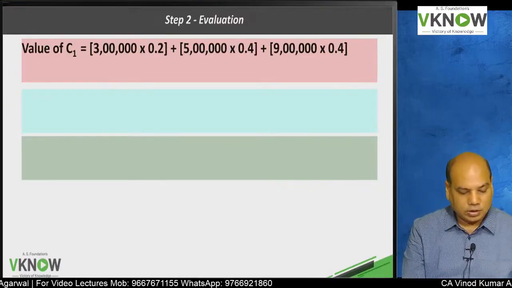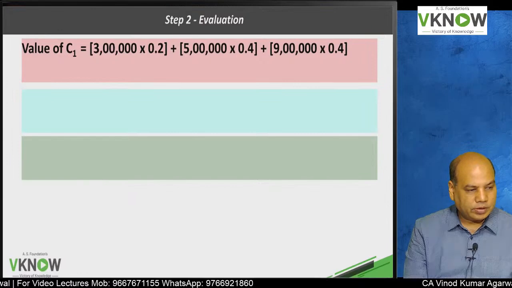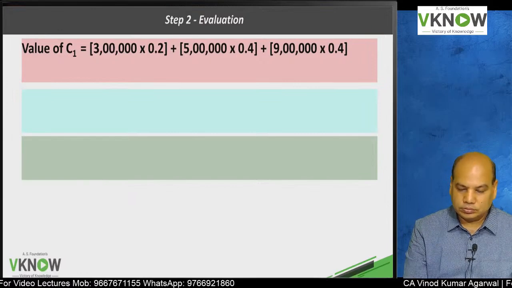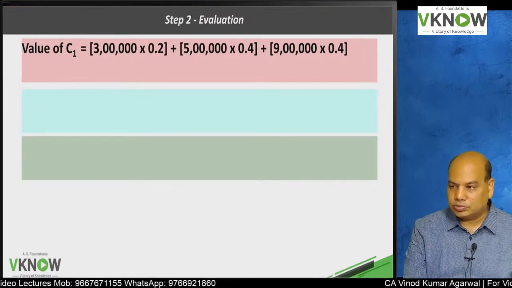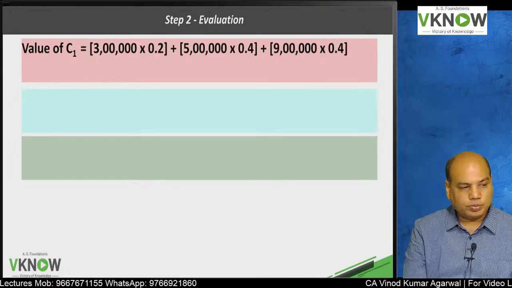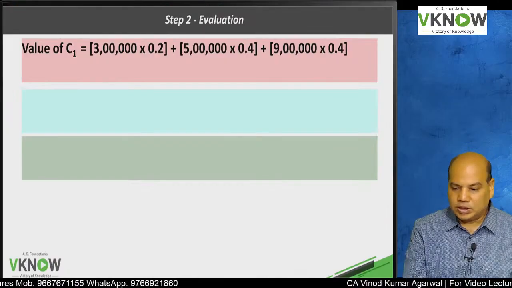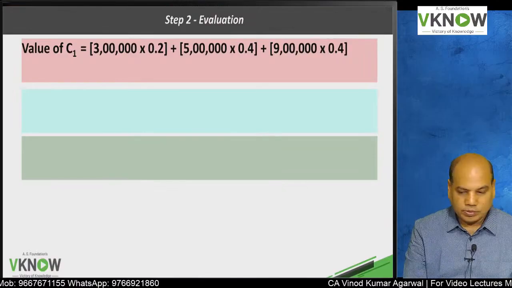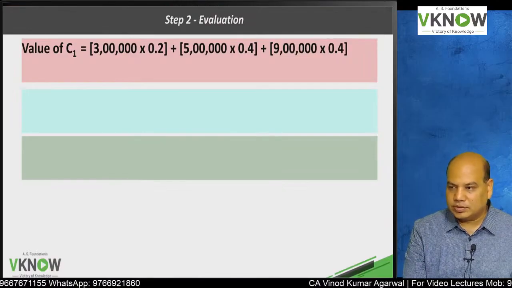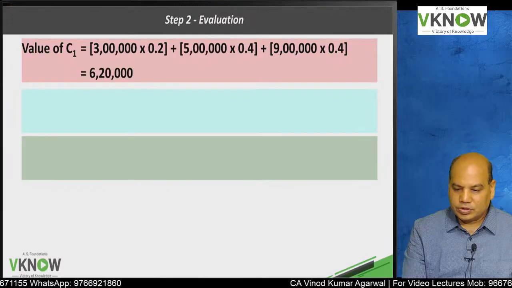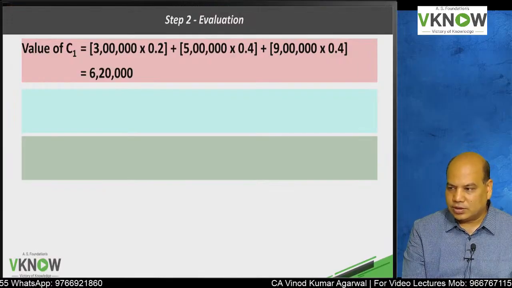Value of C1 is equal to 3 lakh into 0.2 plus 5 lakh into 0.4 plus 9 lakh into 0.4. Calculation must be displayed in the answer. So that comes to 6,20,000. That is the value of C1.